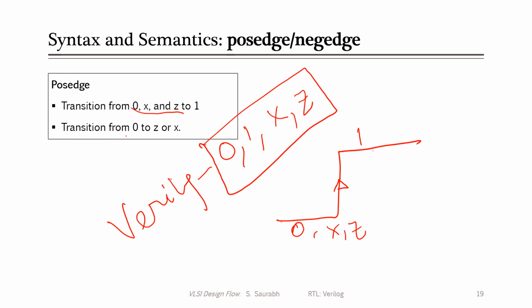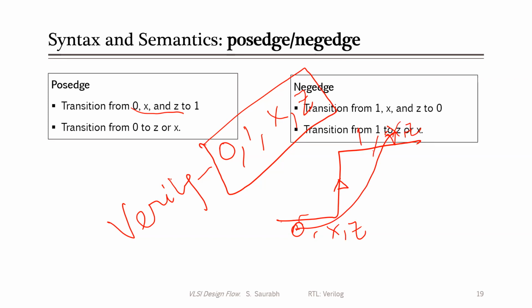And if it transitions from 0 to X or Z, that is also taken as a posedge in a four valued logic. Similarly, analogously you define it for the negedge.